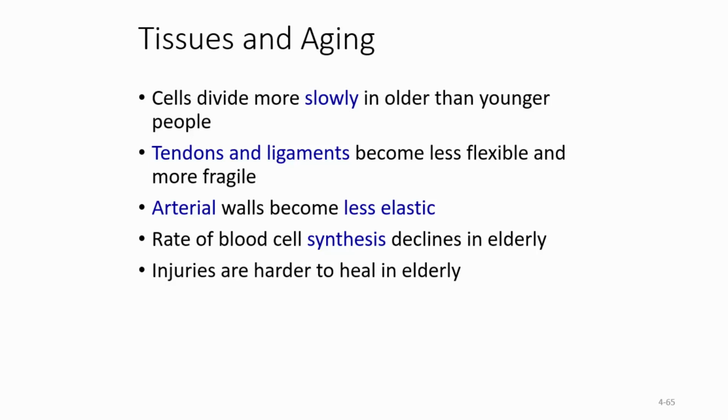Tissues and aging. Cells divide more slowly in older than young people, so wounds are not going to heal as quickly. Tendons and ligaments become less flexible and more fragile. I've seen more than one person that, they're getting up in their 30s or 40s and still think they can play basketball.